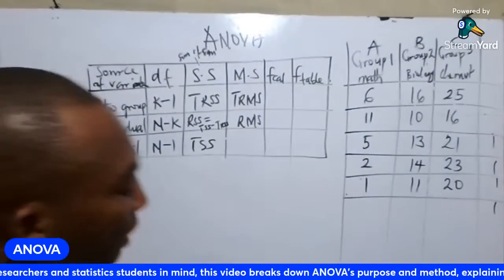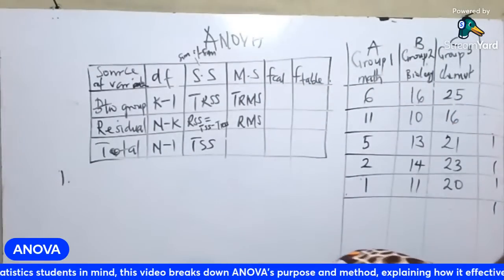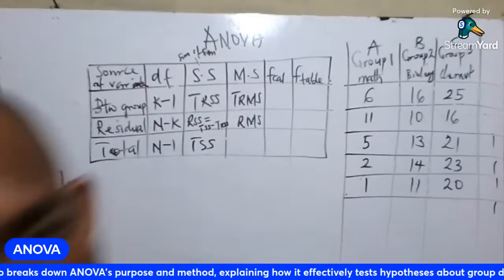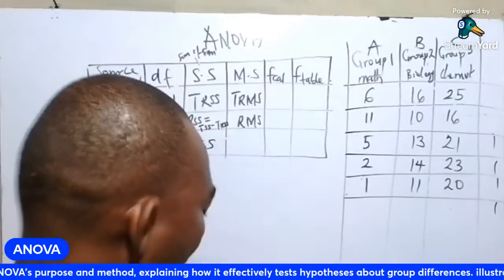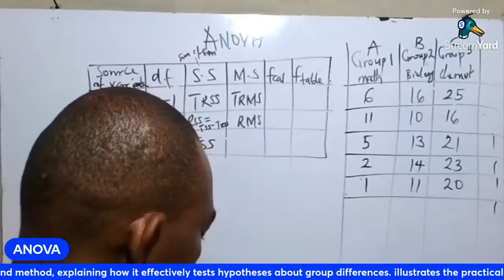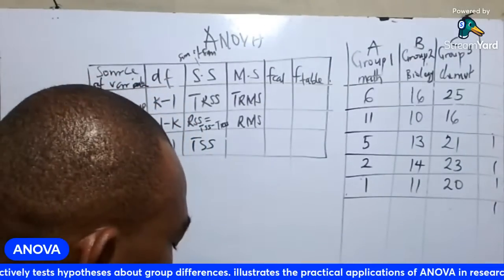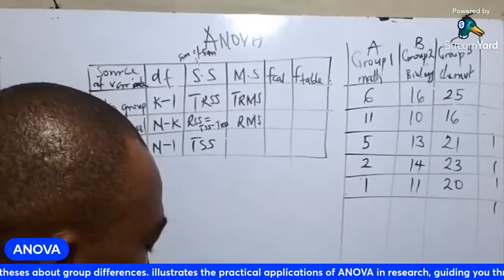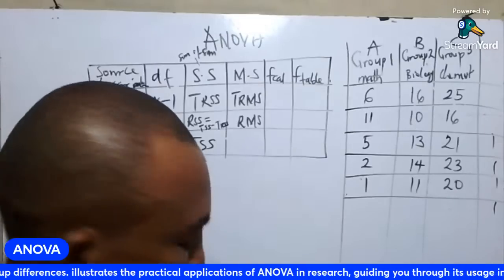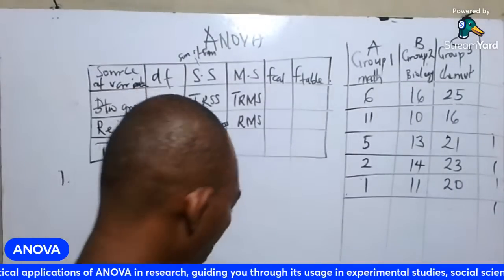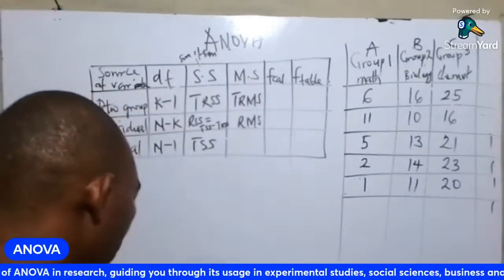So the grand total for this, we do this together. I want those of you joining us online to work it with me. Let's add it together: 6 plus 11 plus 5 plus 2 plus 1. That will give me 25.